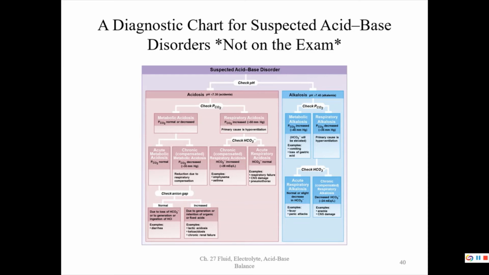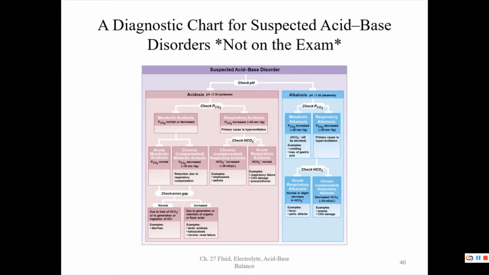Remember, CO2 in arterial blood is generally about 40 millimeters of mercury of partial pressure. If it's above 50, that would definitely be an issue. And like I said, it's right around 40 to 45.